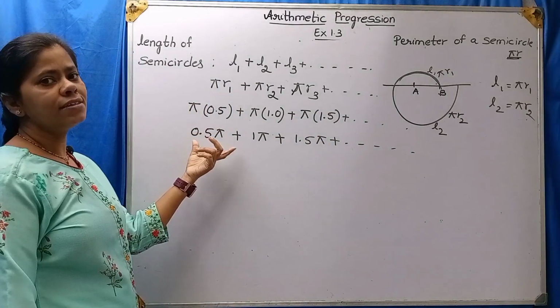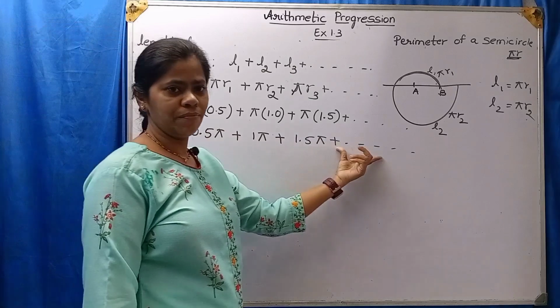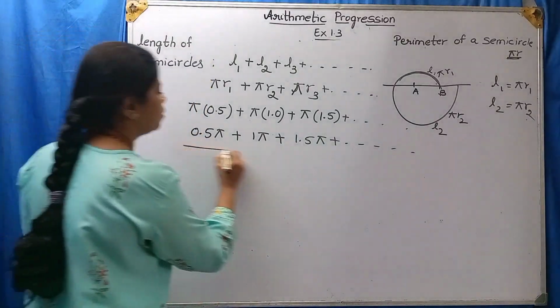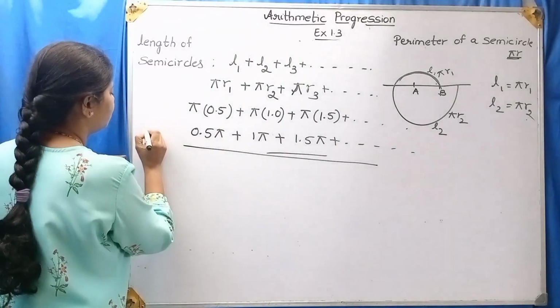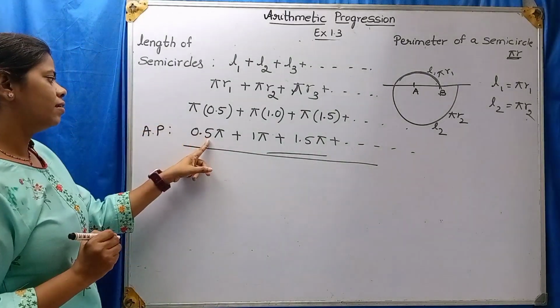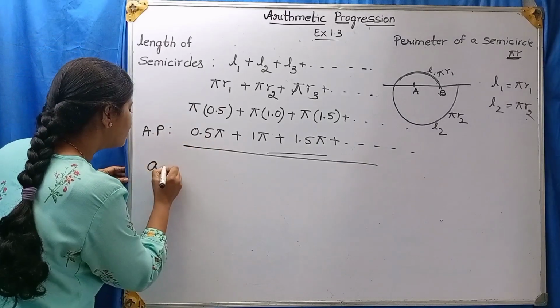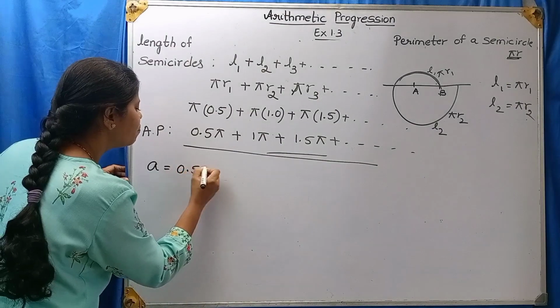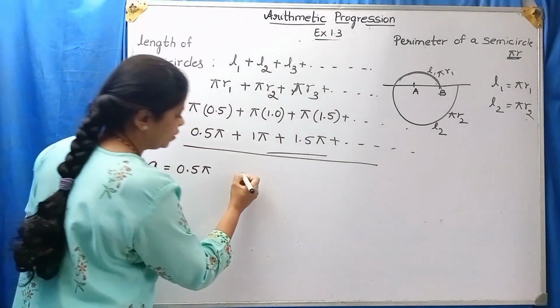Okay. Now you can see that the lengths of the semicircles are in AP. Isn't it? See, they are in AP. Then, this is the first term of the AP. Therefore, A is equal to 0.5 pi. We can find out D, isn't it?